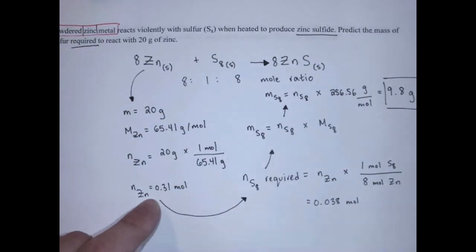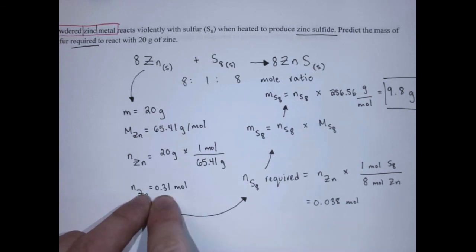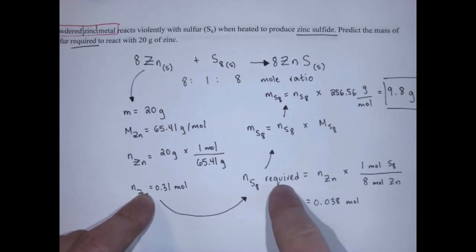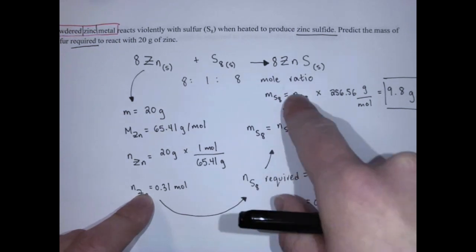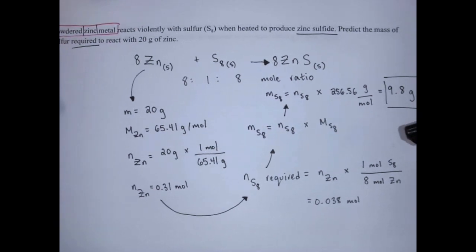And then what I usually do visually is, once I work my way down to my moles, I can do my mole conversion to the moles of the other thing I need to find, and then I work my way back up. Kind of been a habit of mine ever since I did this in high school.